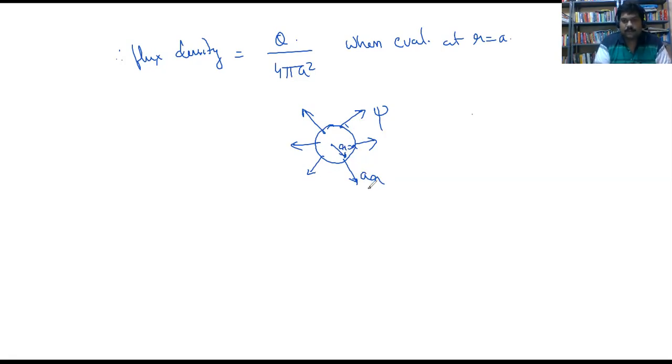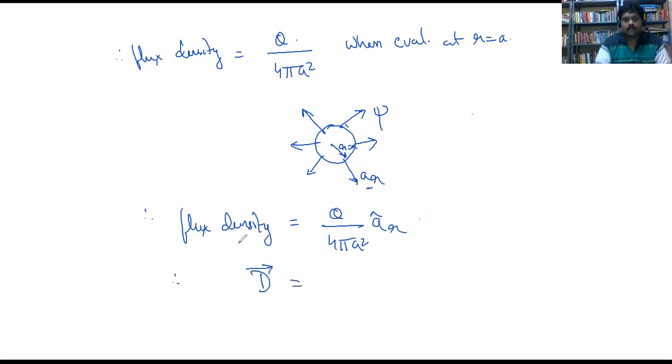So the direction of the flux is a_r. Therefore, flux density equals Q by 4 pi a squared into a_r. This flux density is coined as D, evaluated at r equal to a. Remember this equation, the second equation.